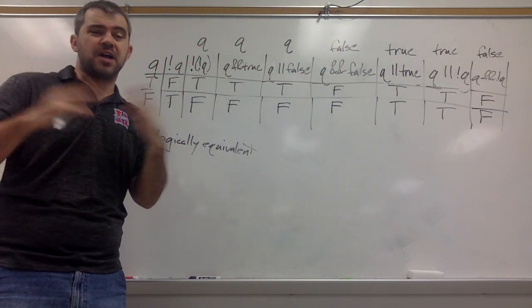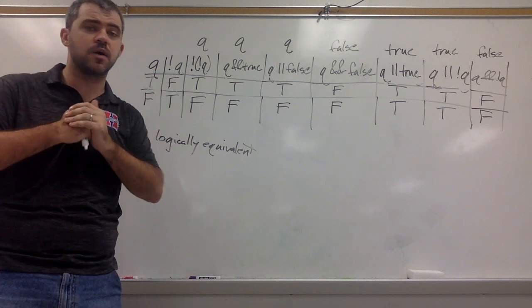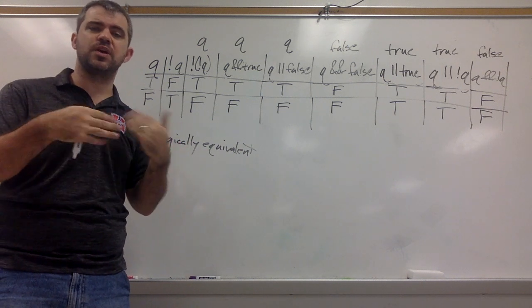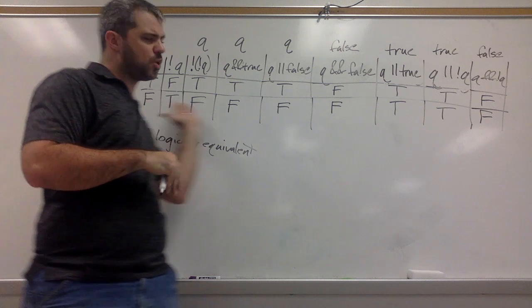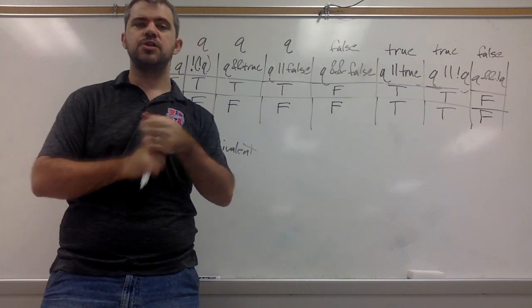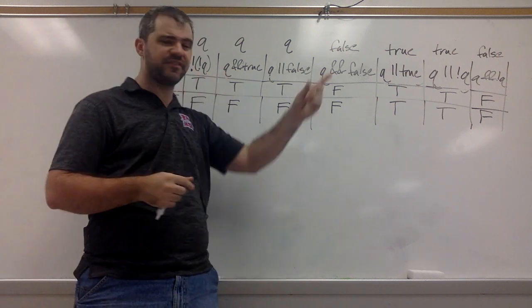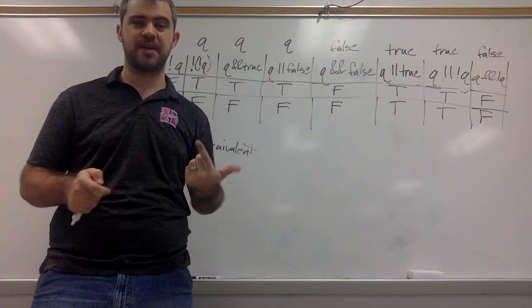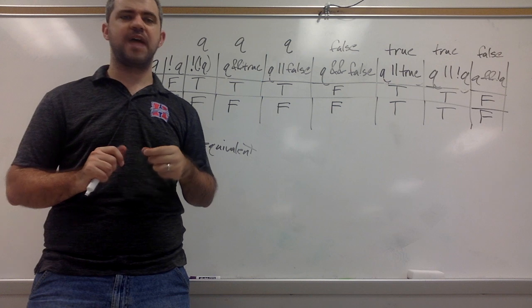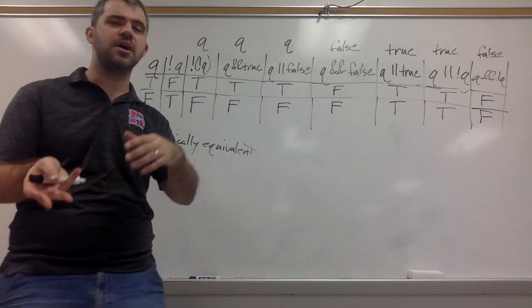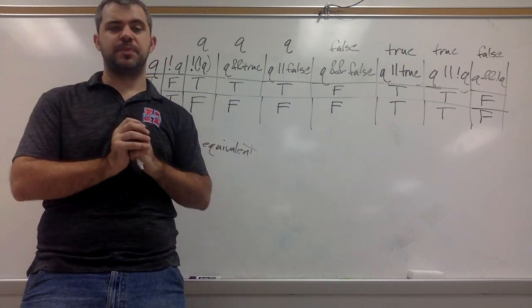So these are not simplifications I would memorize, okay? But these are things that you can logic out real quick. You don't need a truth table, okay? Just a quick bit of logic. You should know that all of these can be simplified if you see them. And you don't have to memorize how to simplify them. Just logic it out a little bit, and you should be able to get there.